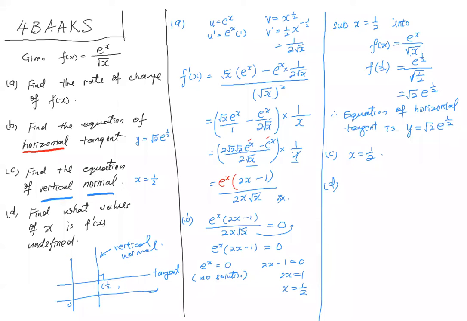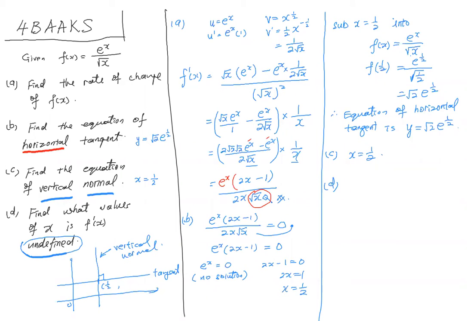Okay, then part D. Can you tell me what is part D? When I say f'(x) undefined, that means f'(x) doesn't exist. I got x equals 0. Is it x equal to 0 only? I'm not sure. You see this is a square root? Still remember when I talked about square root, the domain?